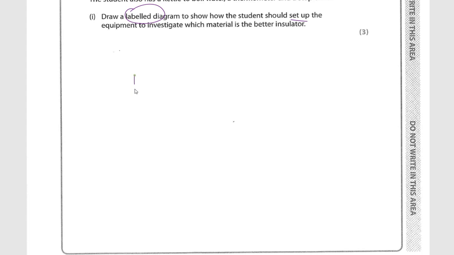Now, first of all, we're going to have this small beaker. Again, we're going to label this. So this is going to be our small copper can. Now, why am I labeling? Because the question tells me to label it. And then inside of it, I'm going to add some hot water.